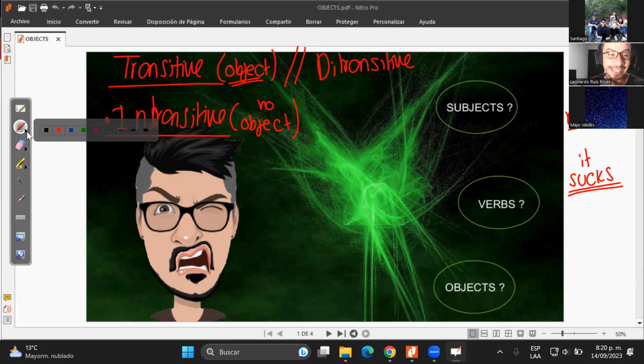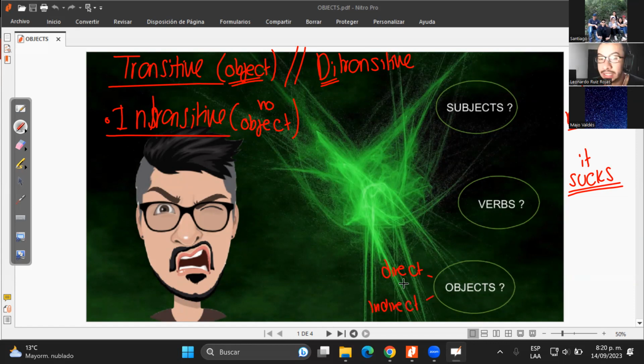No problem. The transitive verbs are the verbs that only receive one object. Ready? They only receive one object. And the ditransitive verbs are the ones that can adopt two different objects. I can have the direct object and the indirect object.